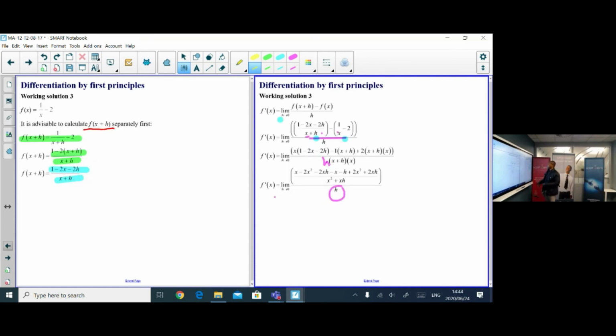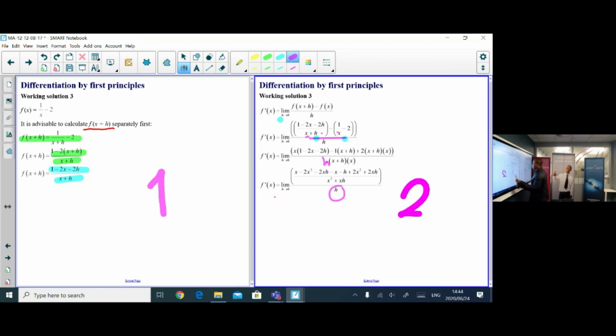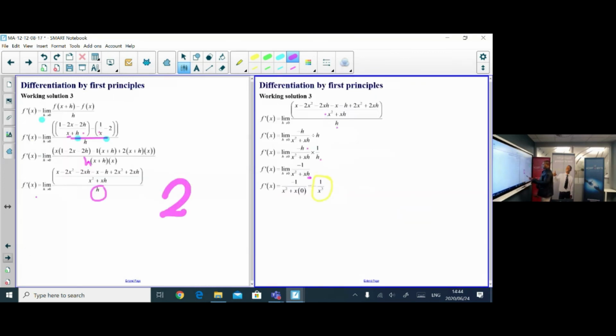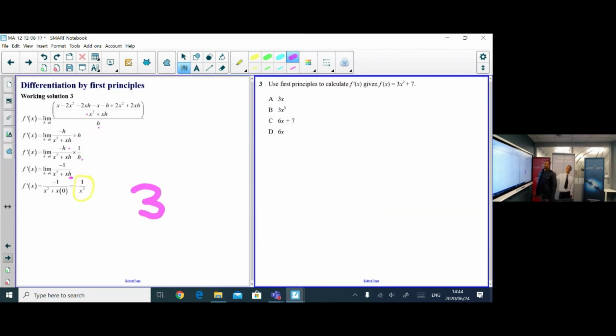We started on this first, we went to the second page, and we went to the third page to get to our final answer. So you cannot simply get all these marks by doing a shortcut, which is rather smart, but we are going to use that in other instances.